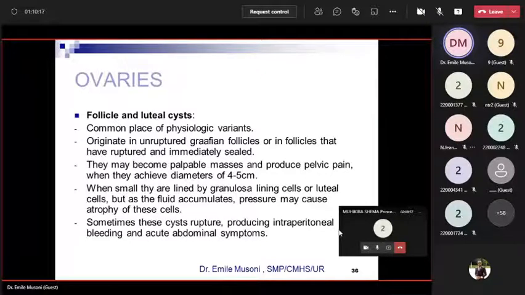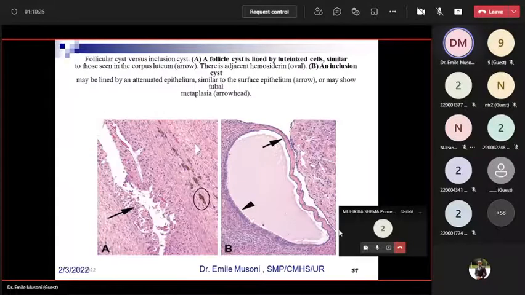And then you will do the ultrasound, and you see a mass on the ovary. For example, on this image, follicular cyst versus inclusion cyst. This is a follicular cyst lined by those luteal cells, whereas inclusion cyst is lined by the epithelium of the ovary.